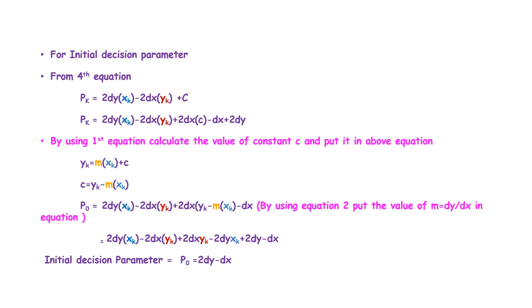Here the 2 dy xk plus and minus terms get cancelled, then again minus 2 dx yk and plus 2 dx yk, these two terms get cancelled, so we get p naught as 2 dy minus dx, and this is the equation for the initial decision parameter.